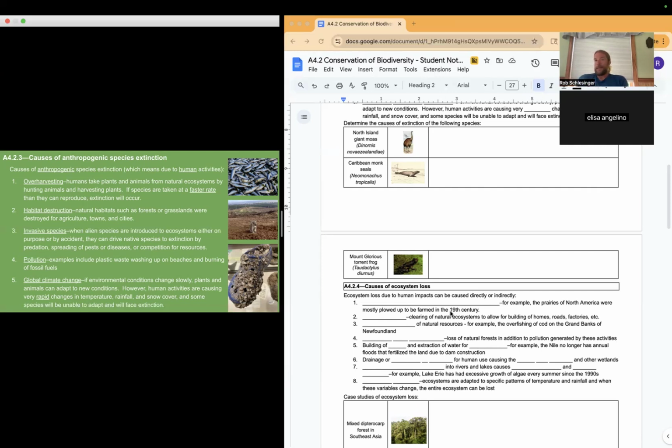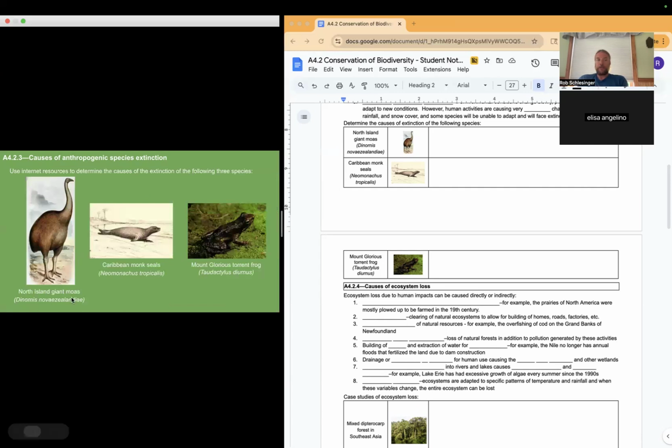There's tons of different examples, but these are the three that this particular presentation highlights. The first are these giant moas. The next are monk seals, and then the last is this really funky frog called the Mount Glorious torrent frog.